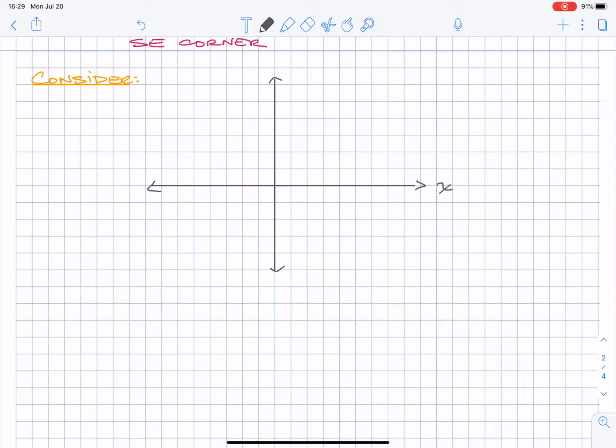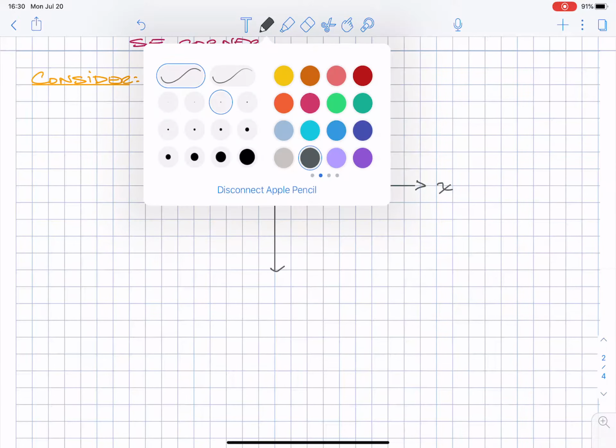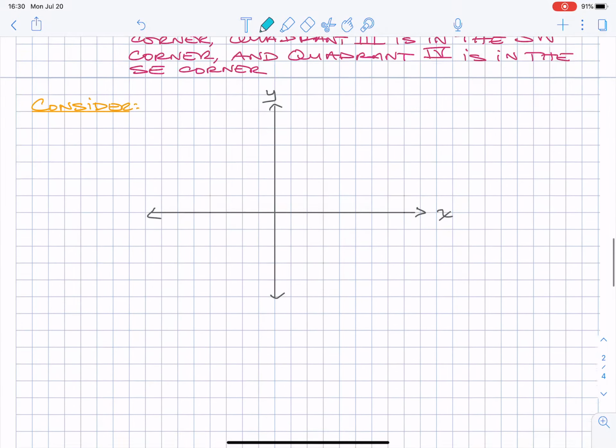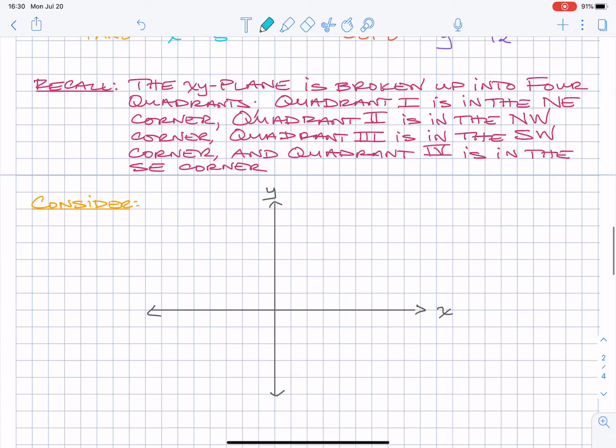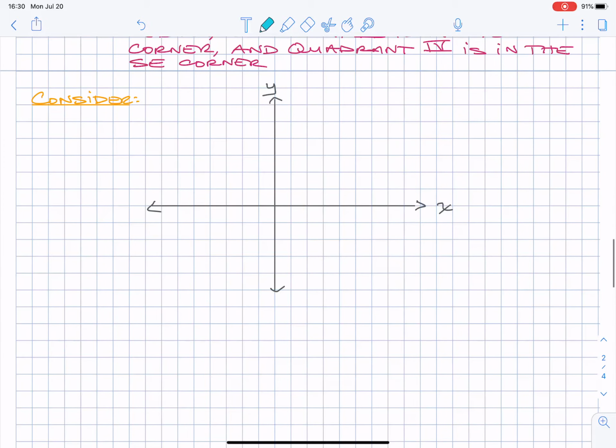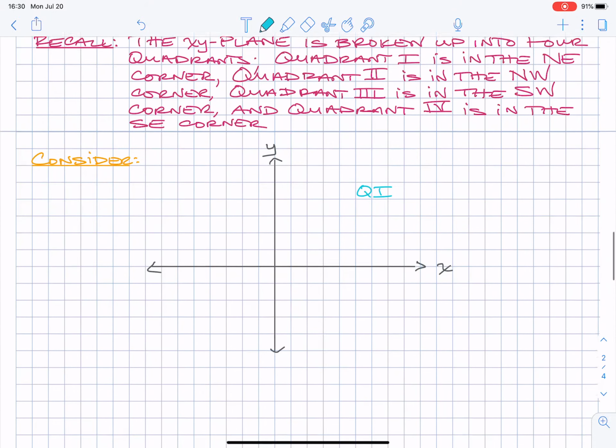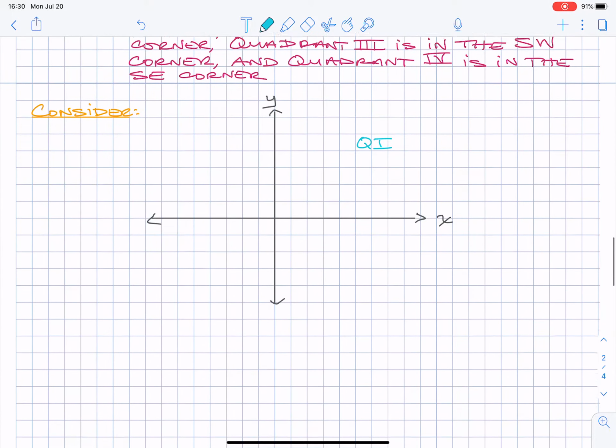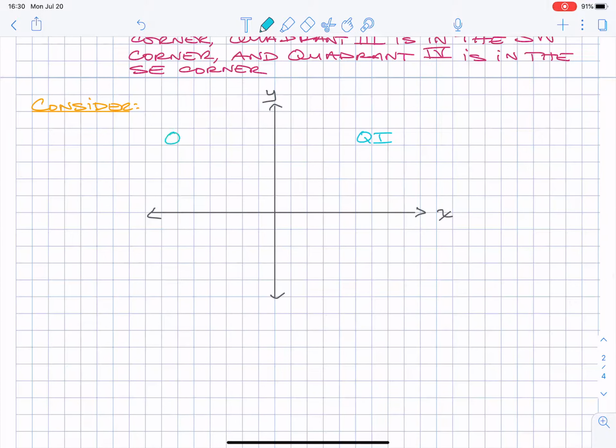The way we name these is quadrant 1, which we'll call Q1, in the northeast corner. Then quadrant 2, which we'll call Q2, is in the northwest corner.